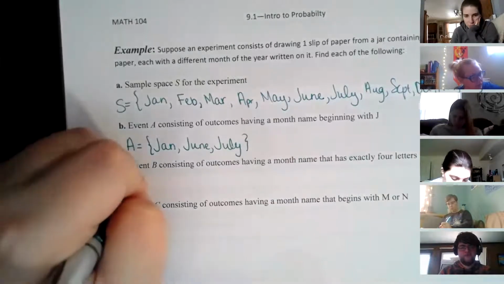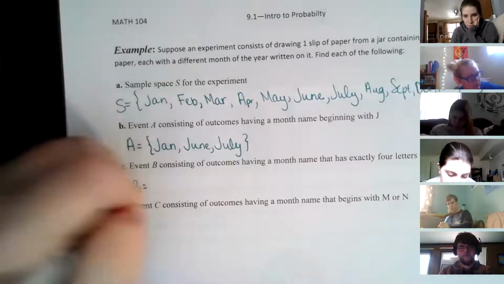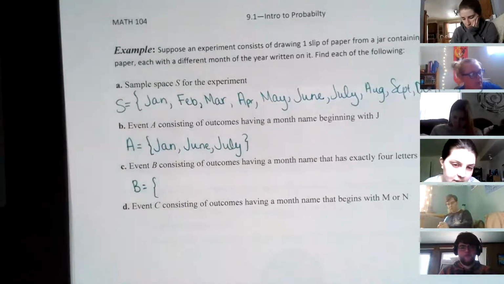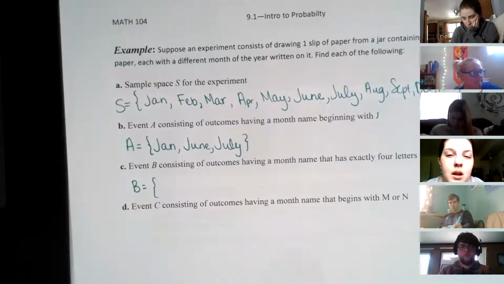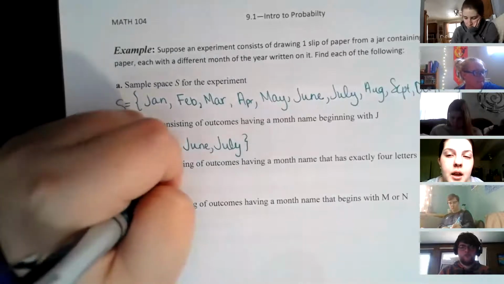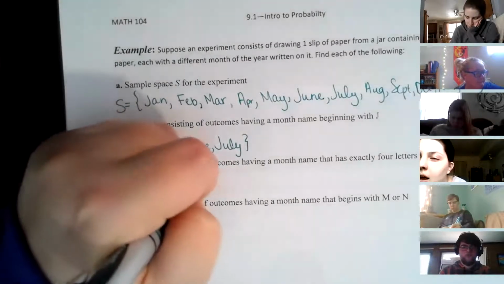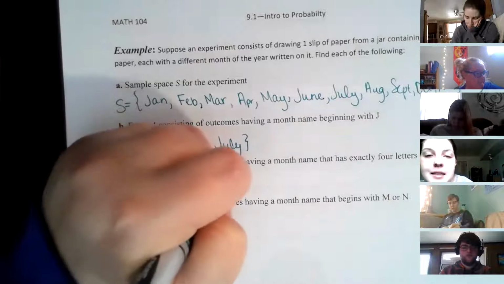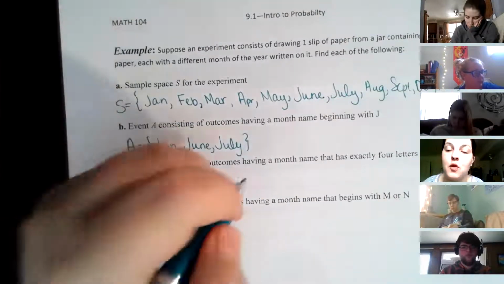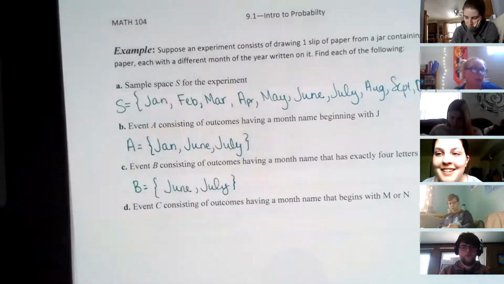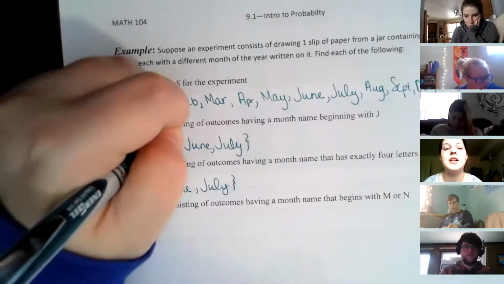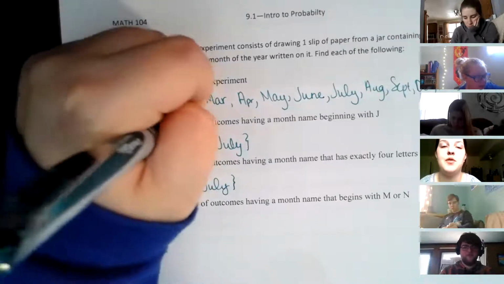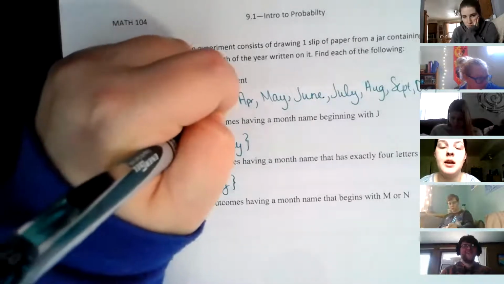All right. B is the event where we have a month that has exactly 4 letters. Which would those be? June, July. I think that's it. It's hard when you didn't write out the full names for everything. Sorry, I'm just kidding. Obviously, you don't have to go back and write the full names.